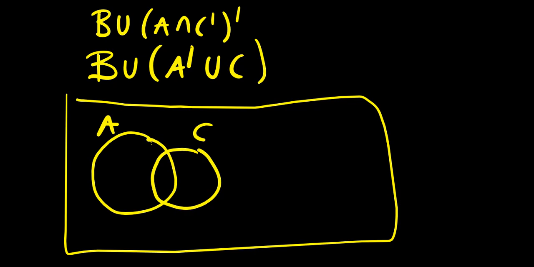Okay, so our A complement is what is not found in A. Then you are uniting it with the C, and C is this part.